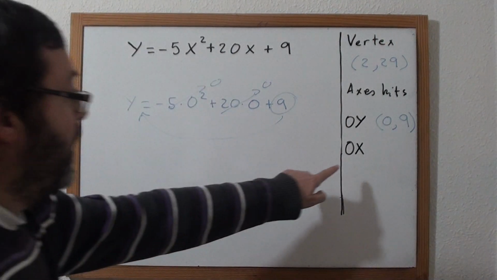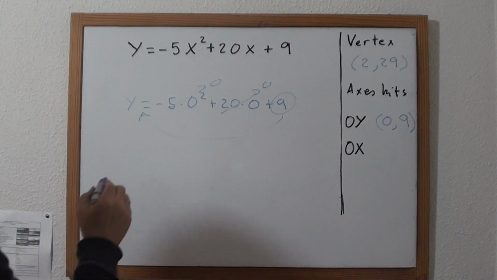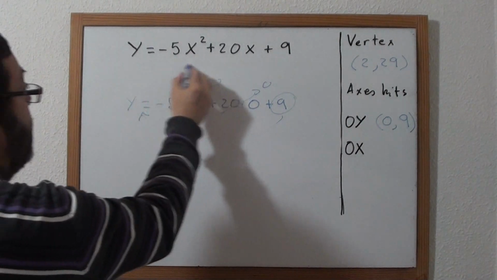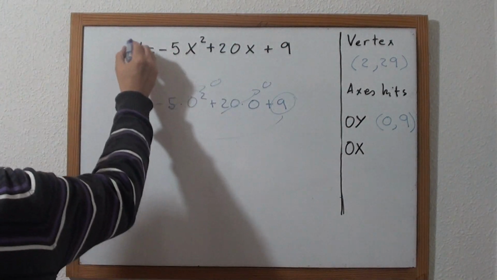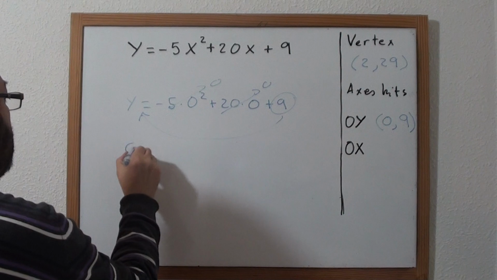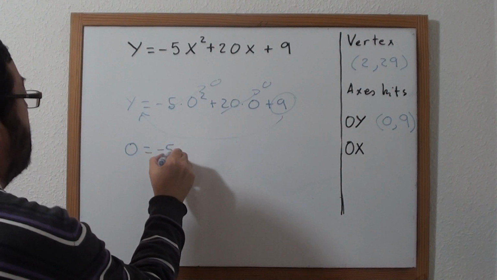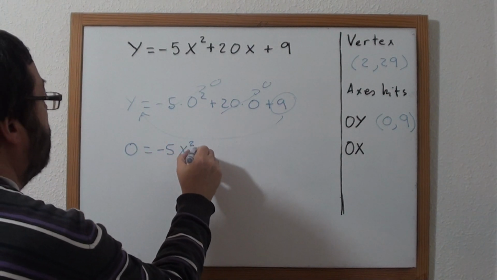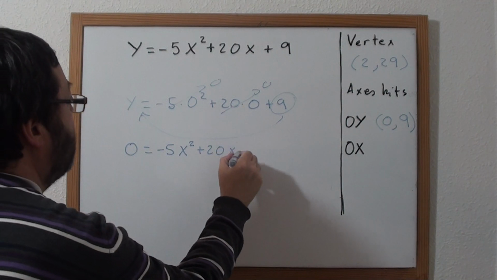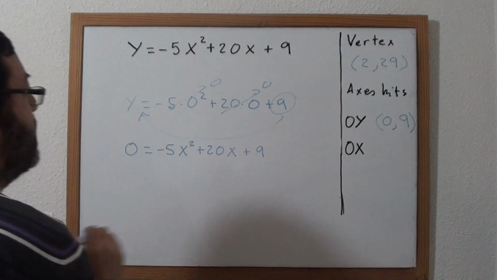Okay? And for the x-intercept, we have to solve this equation equal to 0. So 0 equals minus 5x squared plus 20x plus 9.